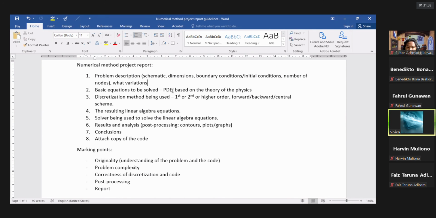You need to do at least two variations, so that you will do a bit of analysis comparing the results of the first variation and the second variation. What the variation will be is up to you. You can choose, for example, different boundary conditions, or a different number of nodes.